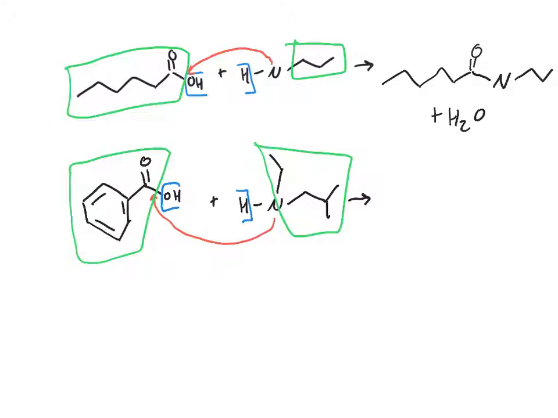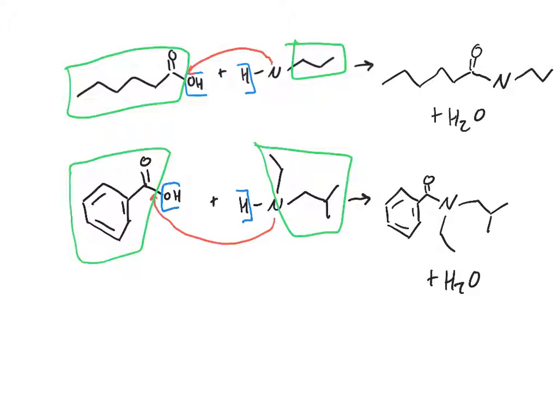And so for our product, we're going to redraw our carboxylic acid, again without the OH attached, but we will have the nitrogen from our amine and everything else that came with the amine, plus water as our other product.